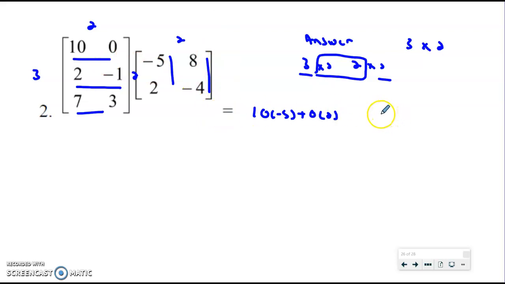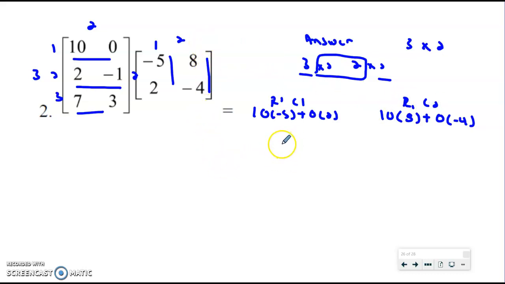So I'm going to take 10 times 8 plus 0 times -4. This is row 1, column 1, and then row 1, column 2, and multiply those two together.